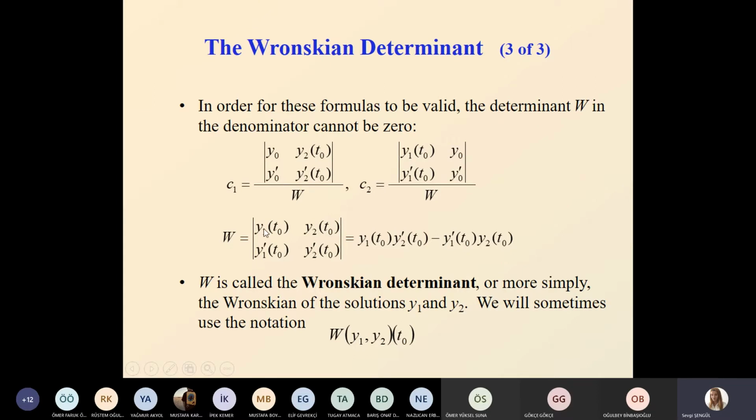Here, you need to check the determinant of the solutions and the derivatives of the solutions, and it should not be 0. And you can say that for the constant coefficient case, for distinct roots, repeated roots, or complex conjugate roots, the Wronskian is not 0.